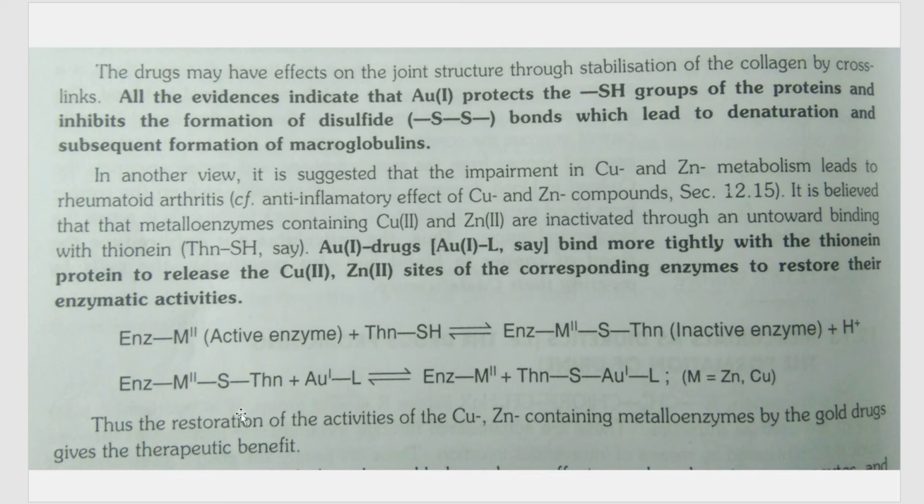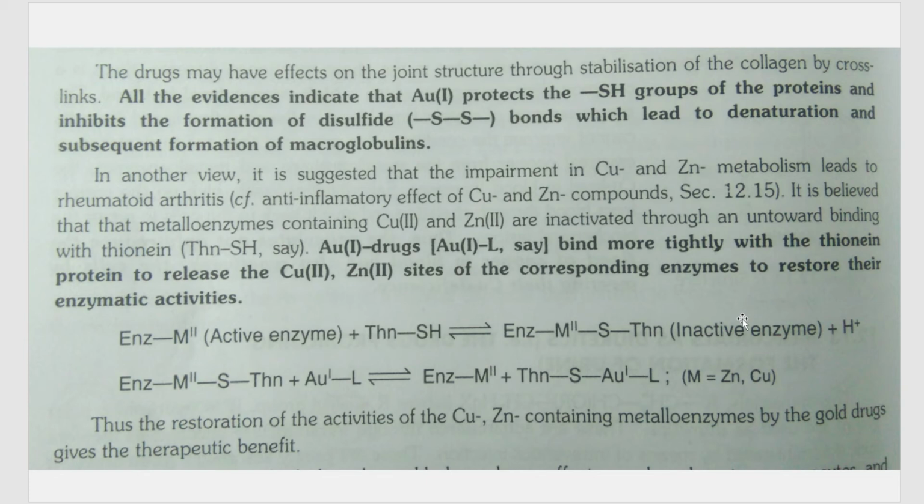Next step, we are taking the gold drug in order to treat this inactivated enzyme and make it active again. So on treatment with the gold drug, what happens? This thionine part is removed and the enzyme is retained back. And you can see the thionine forms a complex with the gold drug, which is then removed out of the body.